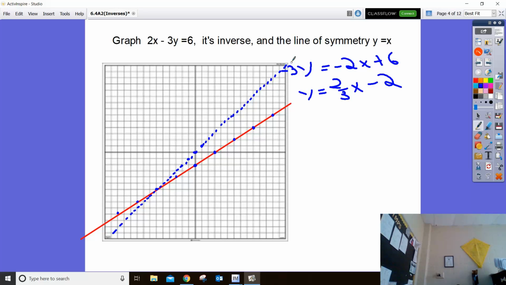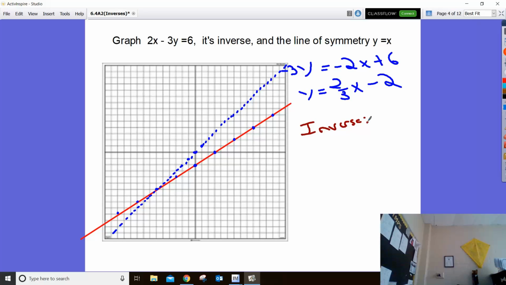Now we're going to write its inverse. To write an inverse, what do you exchange? X and Y. It's probably easier to do it up here than down there. So let me go back to the original and do it. That 2x will become a 2y. That 3y becomes a 3x. So 6.